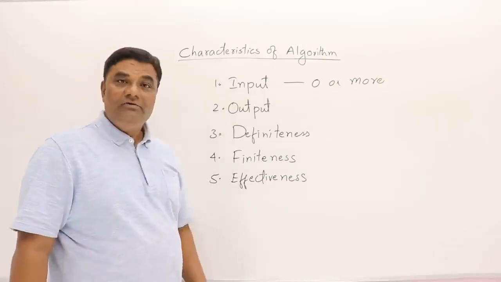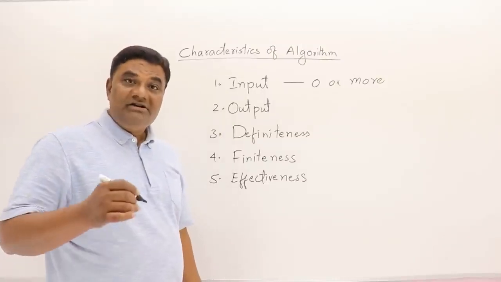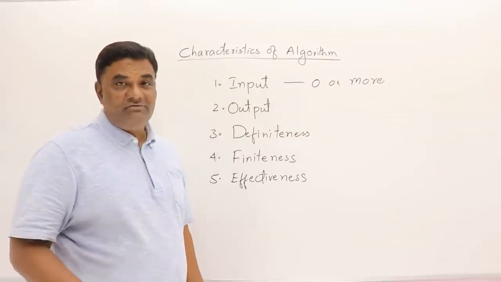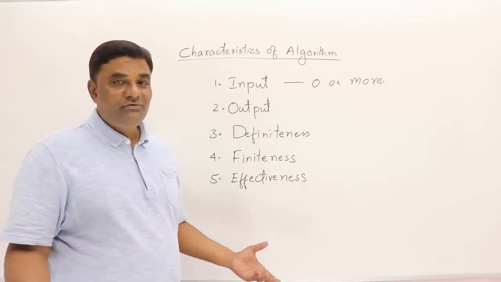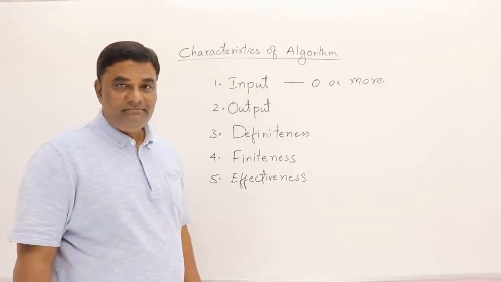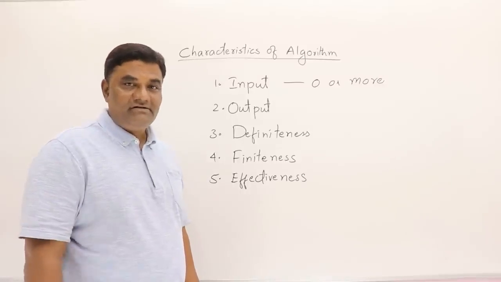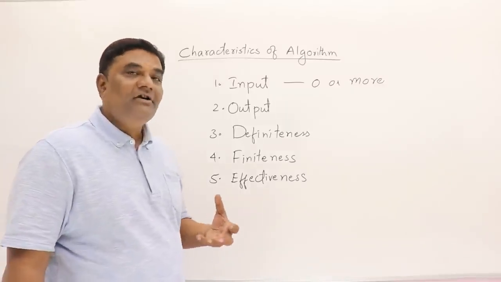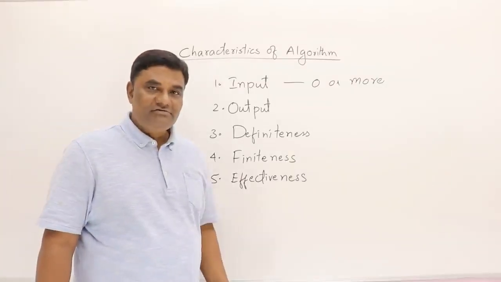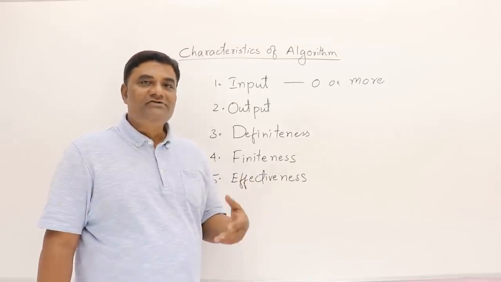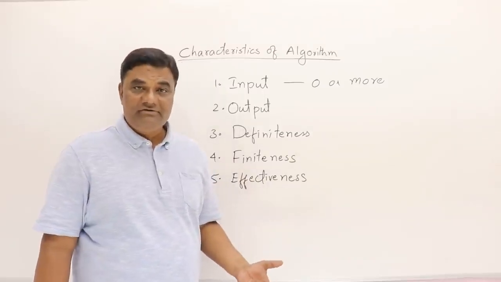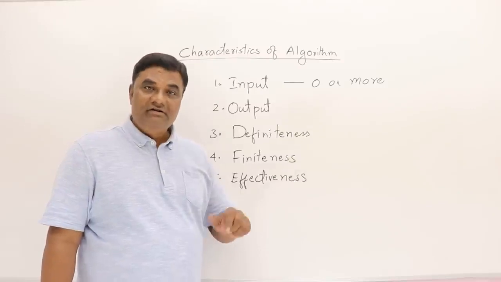The next, output. Algorithm must generate at least one output. Otherwise, it's no use of writing algorithm. It must generate some result. See, imagine them like a function, C language function. When you call a function, it may not take any parameters also, but function returns something.